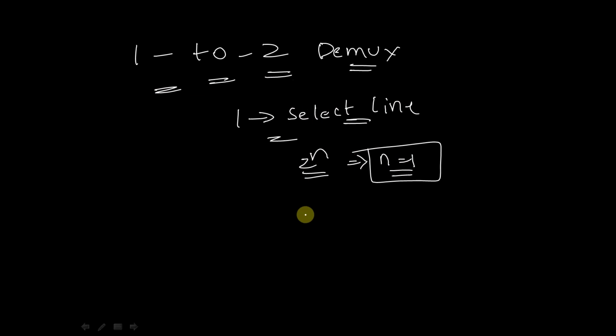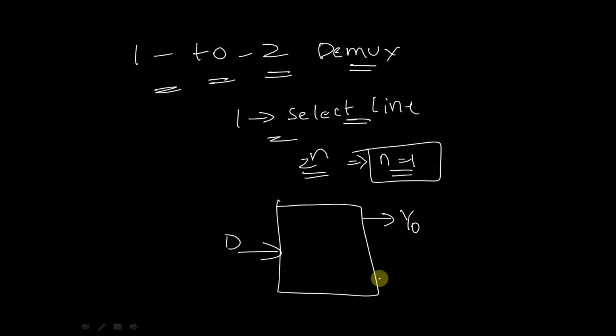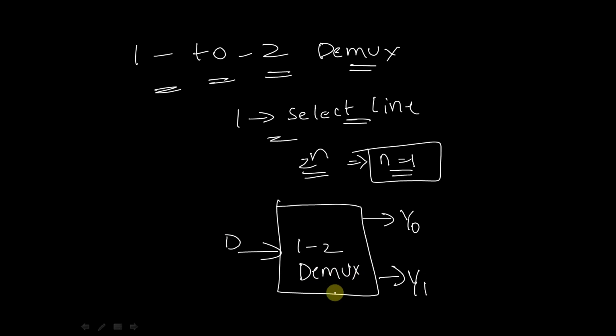This is the block diagram of a 1 to 2 demux, where we have only one input and two outputs, y0 and y1, and one select line.